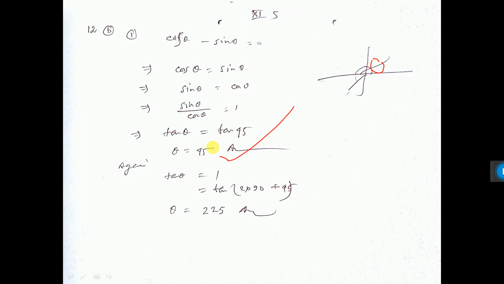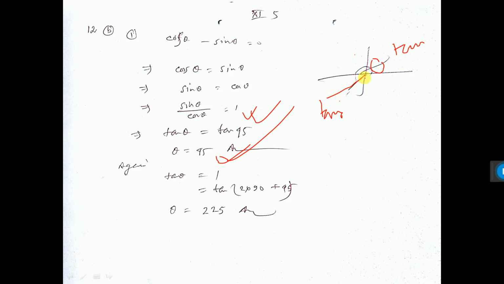Now you see here tan theta equal to 1, that means a positive value only. In all sin tan cos, tan is positive in the first quadrant also. First quadrant's angle we have already got. Now what will the third quadrant angle be?